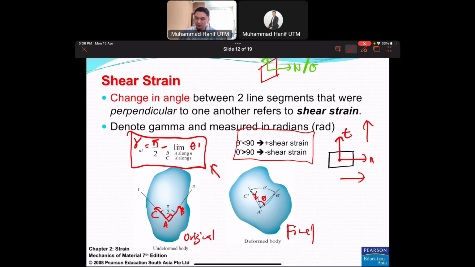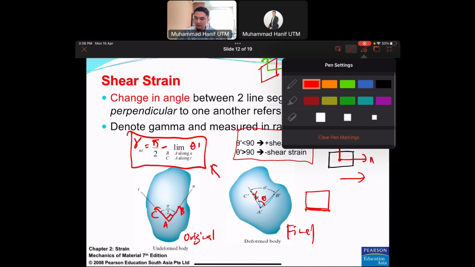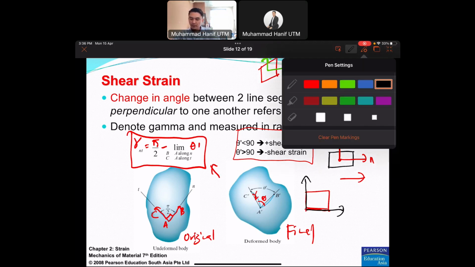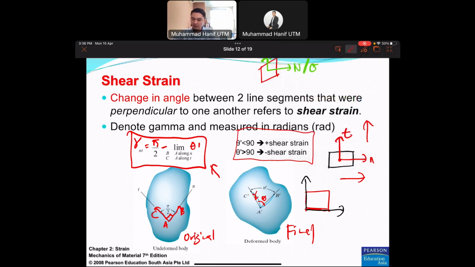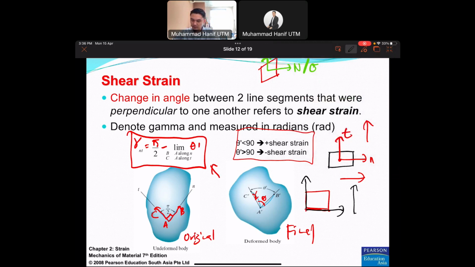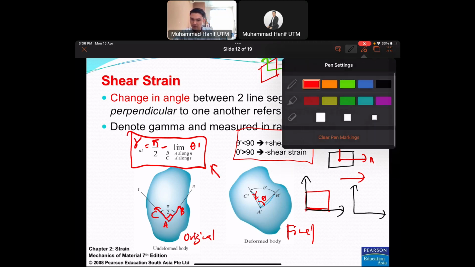For example, if you have this rectangular box and you have the axis like this one, and you have another body which is the deformed body. Let me draw the axis first.